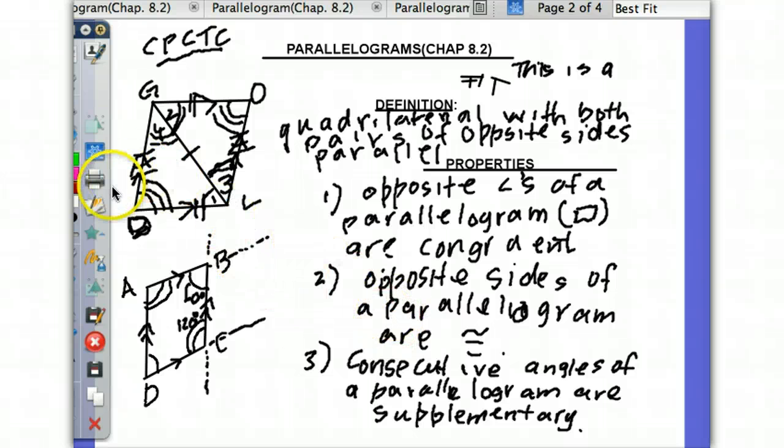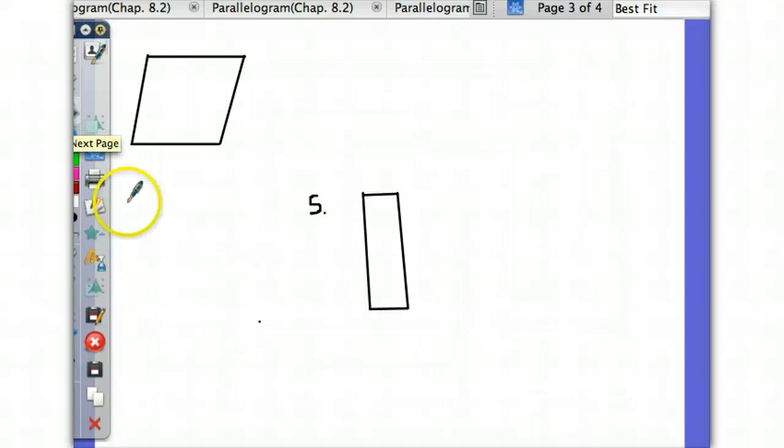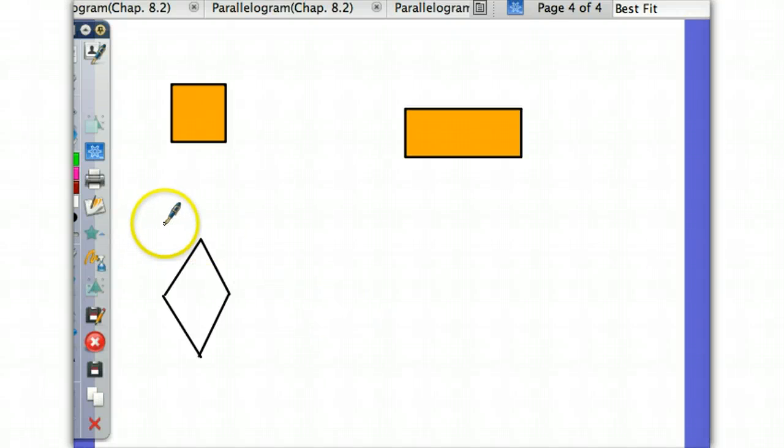Let's go away from that and see if we can pick up a few other properties. Let me go to another parallelogram. Let's look at the rhombus.